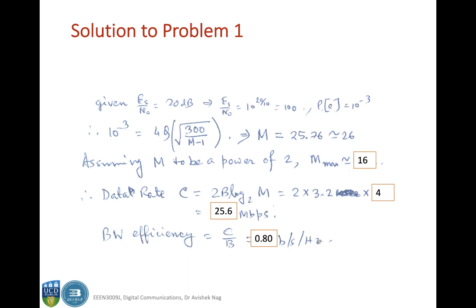Therefore here your Es by N0 is given, which is 20 dB, that will be 100 in terms of ratio. Probability of error is 10 to the minus 3. If you just replace everything here, only M is unknown, and if you do the math, then M comes to be roughly 26. Your M appears in the denominator here, so you have to have at least a probability of error of 10 to the minus 3.